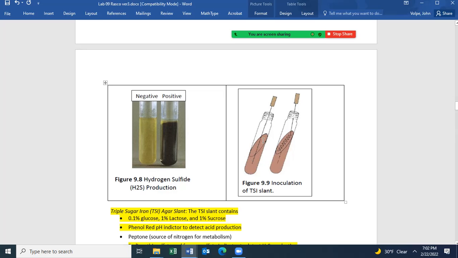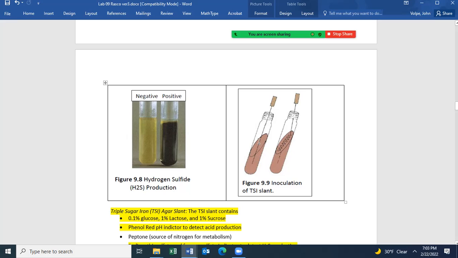Why you're doing the stab is you want to look at the bacterial growth growing anaerobically. And that's why you want to go down 2/3 of the way, at least 2/3. You usually don't want to go all the way down, because if you touch the needle onto the glass, you'll damage the needle, you'll bend it.